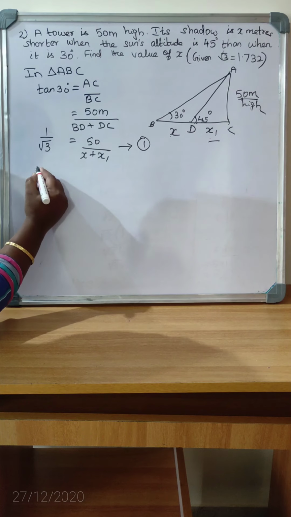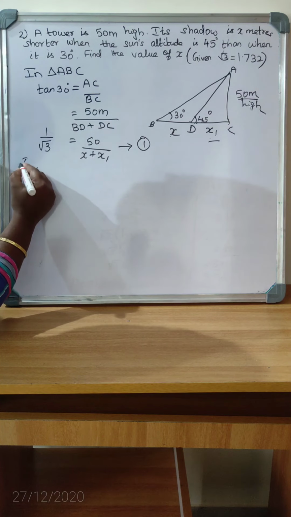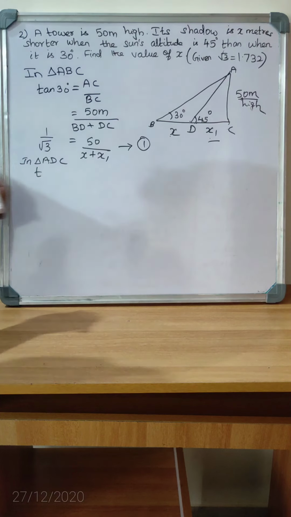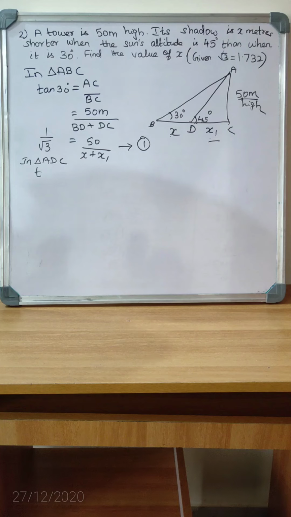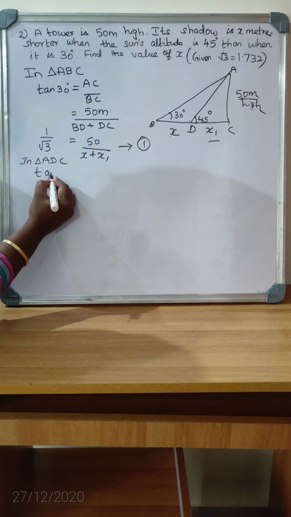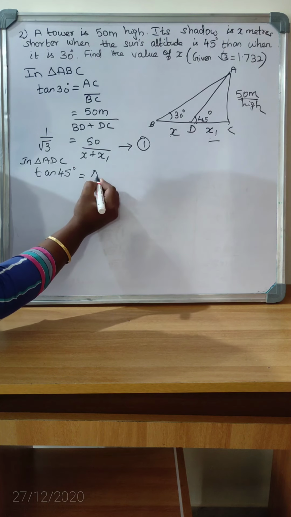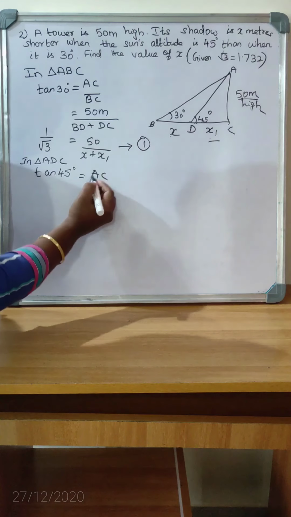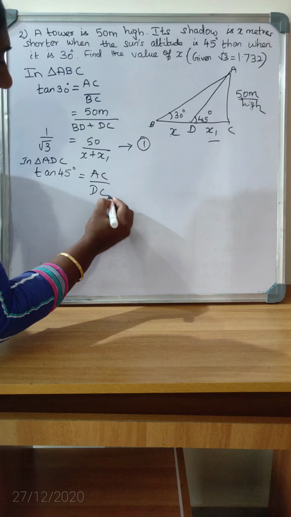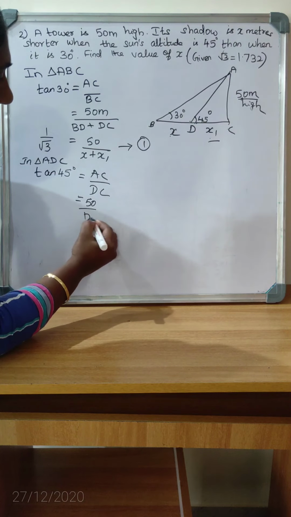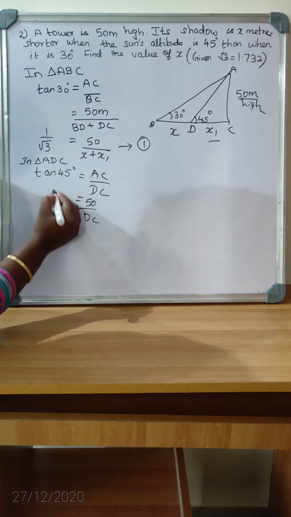Now I am taking in triangle ADC. In triangle ADC, tan 45 degree equals opposite is AC, adjacent is DC. So AC we know it is 50, and tan 45 is 1.